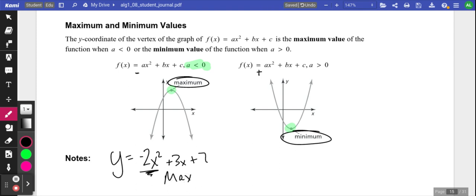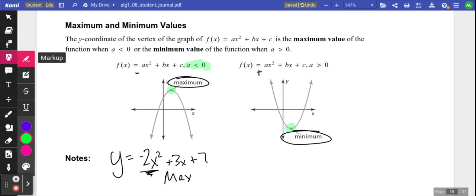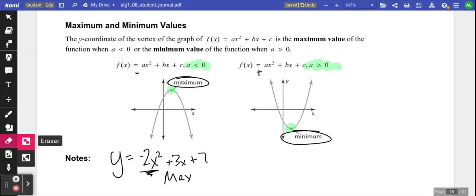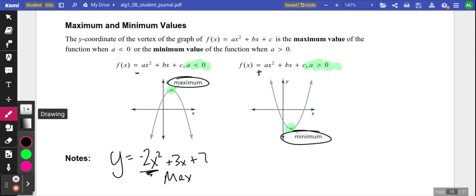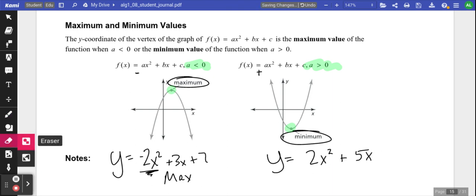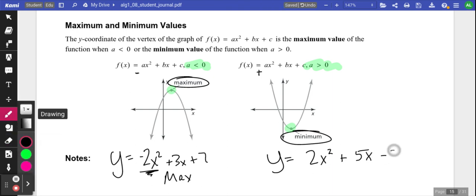So it stands to reason, if you have a positive a value, if it's greater than 0, then you're going to have a minimum. It's going to be a right side up U. Let's say this is y equals positive 2x squared plus 5x minus something.